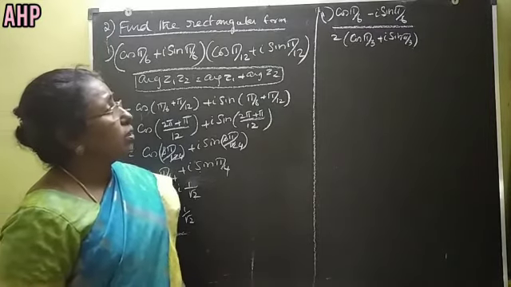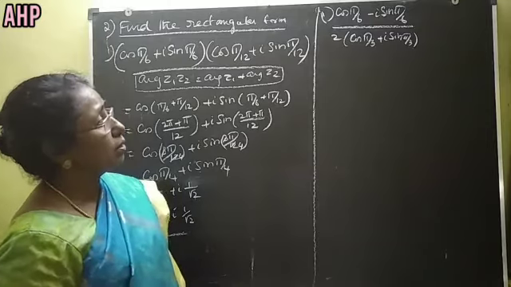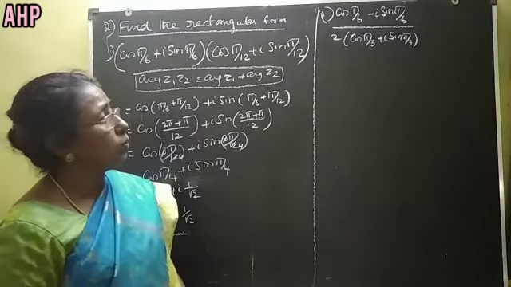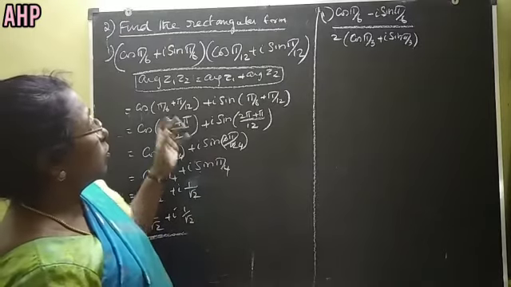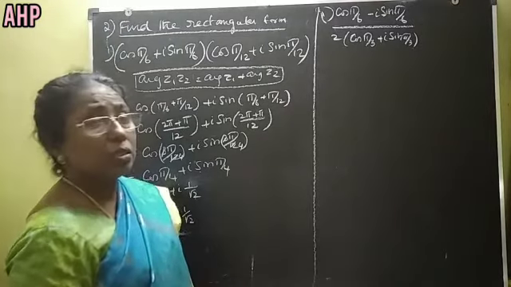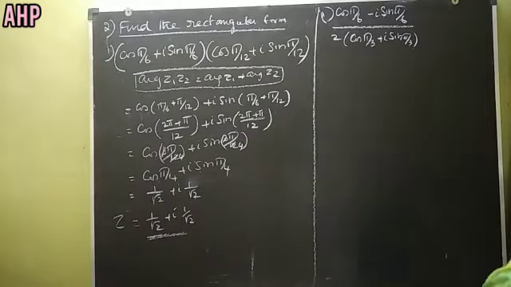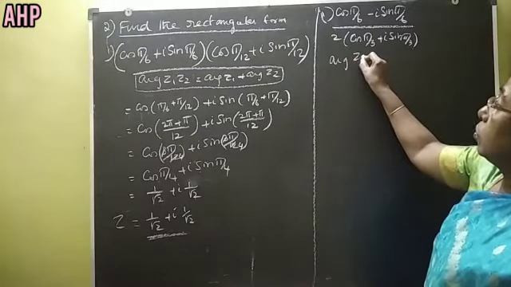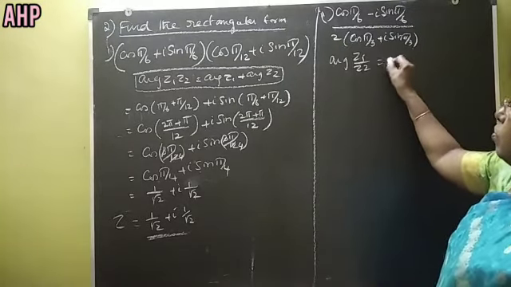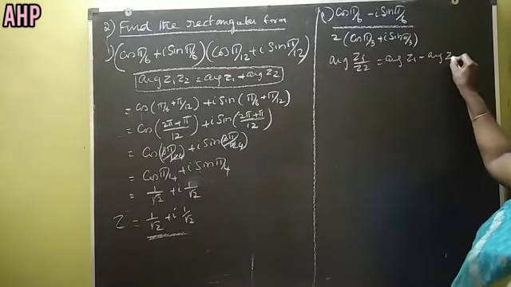In the next question it is (cos pi by 6 minus i sin pi by 6) by 2 into (cos pi by 3 plus i sin pi by 3). Once again we are going to use the formula: argument of z1 by z2 is equal to argument of z1 minus argument of z2.